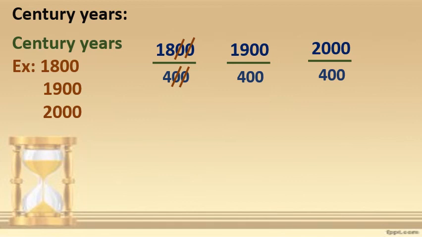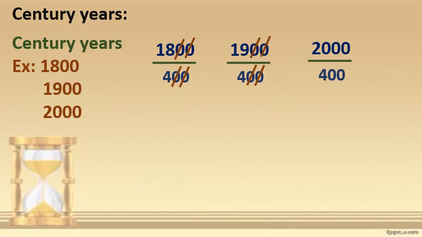Means here 2 remained. So it is not divisible, isn't it? We will move to the second one. 1900 divided by 400. Again here also we will cancel 0, 0. What remained? 19 divided by 4. Again it is also not dividing completely.